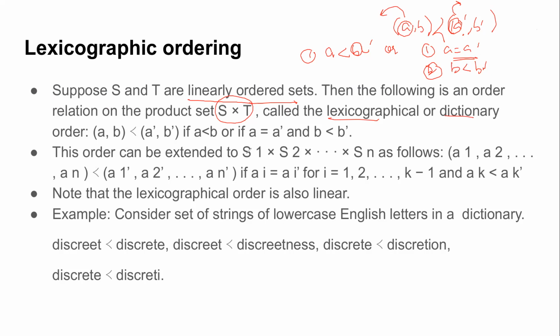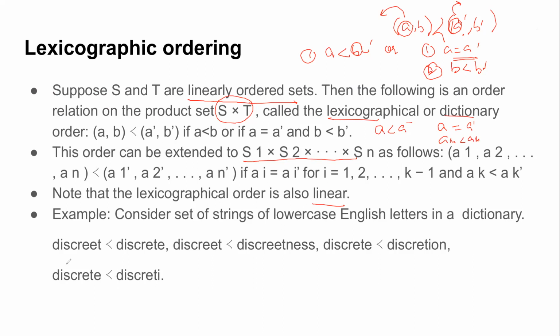In general, if I want to extend it to the Cartesian product of n sets, we want either the first element to dominate, or if the first k minus 1 coordinates are equal, at least the k-th one should dominate. Every lexicographical order is also a linear or total order.